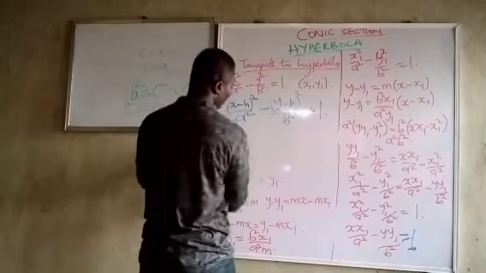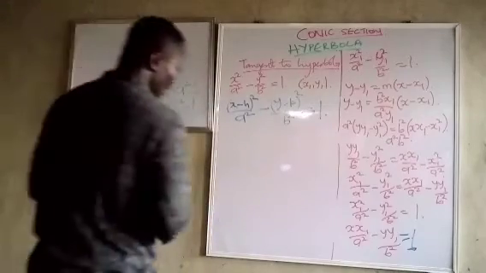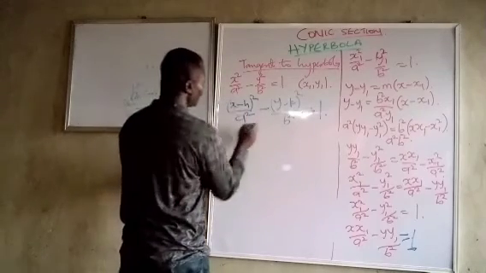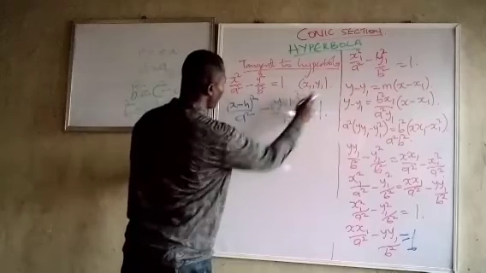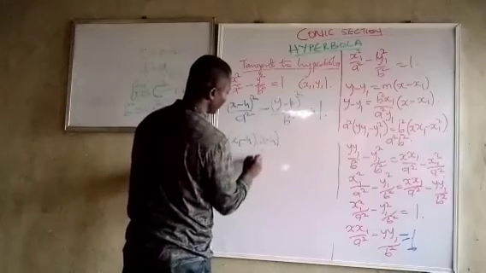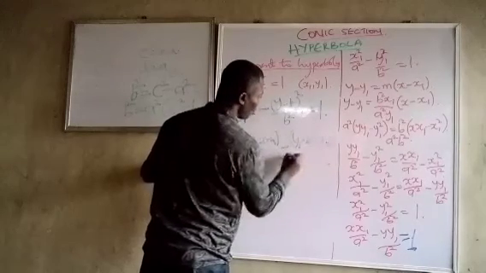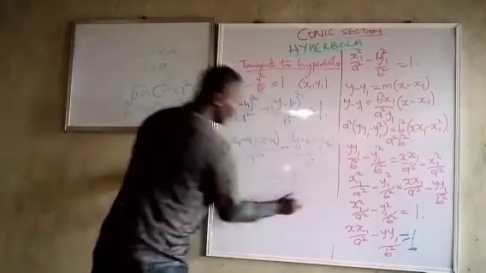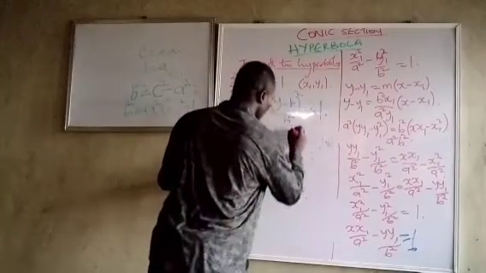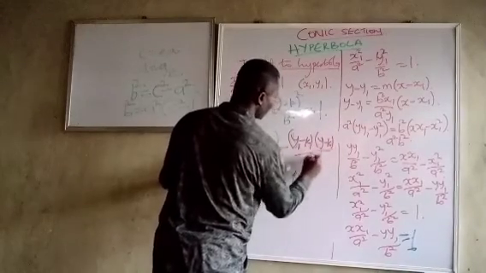So our tangent equation, just like I have been told before, from observation and from proving the formula, which we can also do, we have done a similar thing in ellipse, at (x1, y1) will now be (x1 minus h) into (x minus h) over a squared minus (y1 minus k) into (y minus k) over b squared is equal to 1. So that is how it goes.